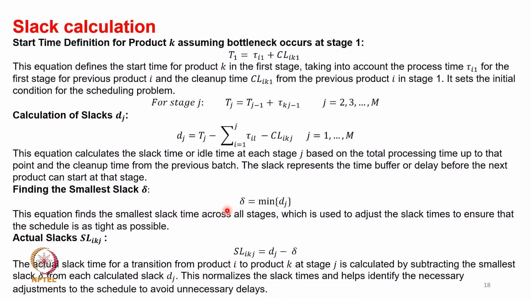So the actual slack time is the slack time for the transition from the product K to the stage, as calculated by subtracting the smallest slack delta from each calculated slack. It normalizes the slack times and helps identify the necessary adjustments. So when you find the minimum slack time, you subtract it from the corresponding D_j to find the actual slack time.